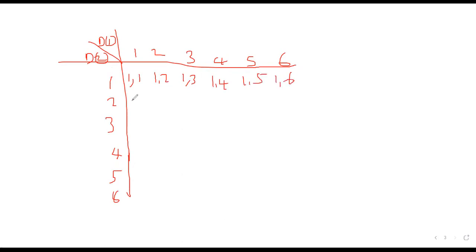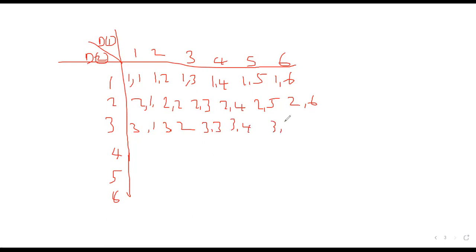Then we go to the second die, it will be 2, 1, then 2, 2, 2, 3, 2, 4, 2, 5, and 2, 6. And here it will be 3, 1, 3, 2, 3, 3, 3, 4, 3, 5, and 3, 6. And on the fourth, we have 4, 1, 4, 2, 4, 3, 4, 4, 4, 5, and 4, 6.